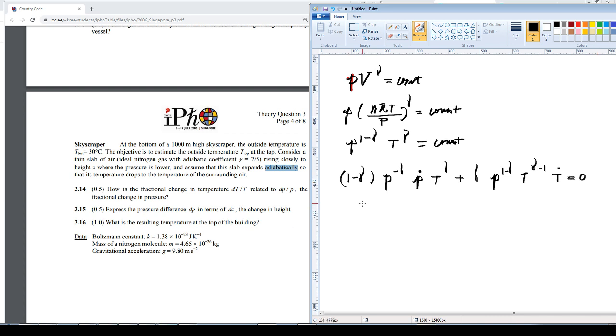So if we multiply P to the gamma and divide by T to the gamma, this happens.